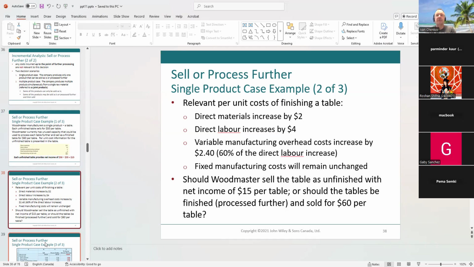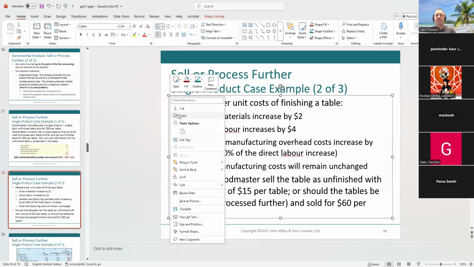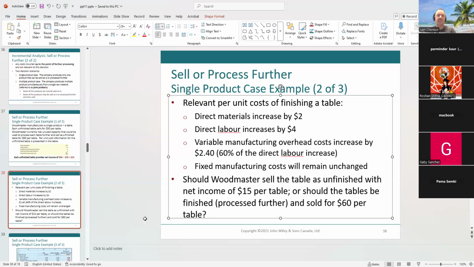Fixed manufacturing overhead is going to stay the same because we are in the relevant range. The question is, should this company sell the table as unfinished, or should it process further and sell it at $60? Let's copy this information and move to an Excel spreadsheet and think about it.